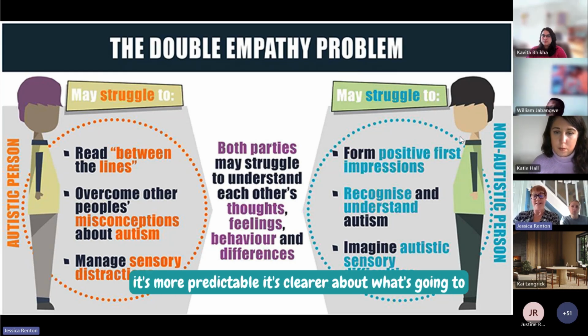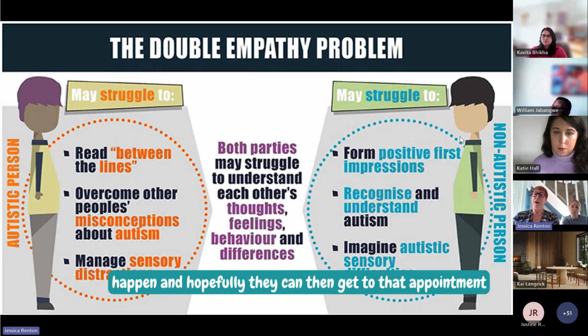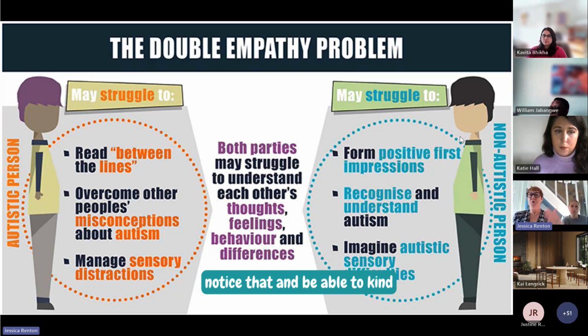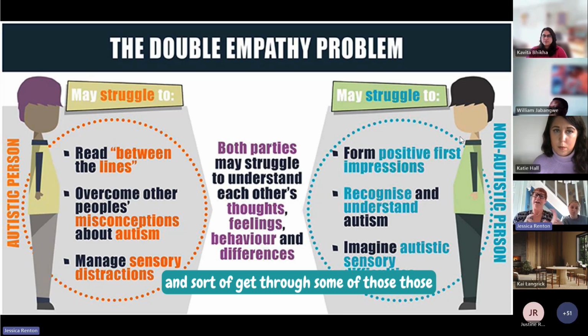It's more predictable, it's clearer about what's going to happen, and hopefully they can then get to that appointment and feel prepared for it. So I've made reasonable adjustments, and the autistic person can then notice that and be able to work together. So you're taking steps to work closer together and get through some of those difficulties.